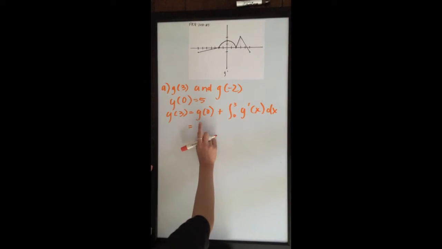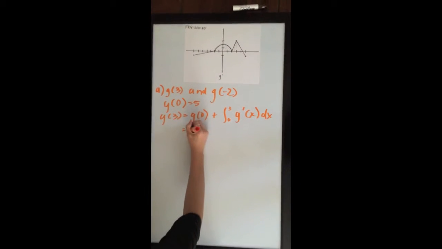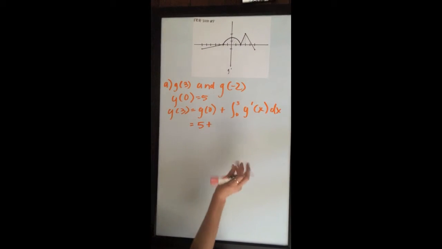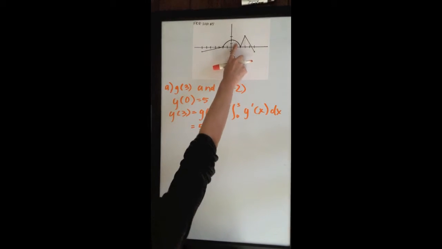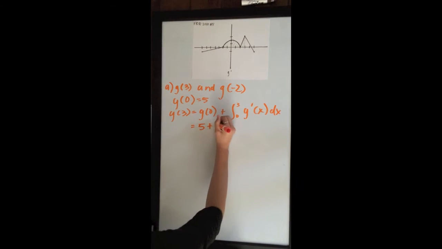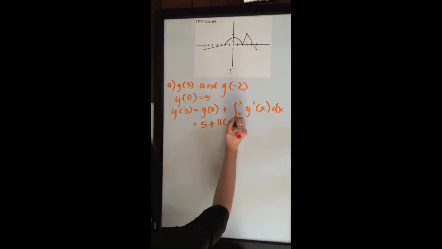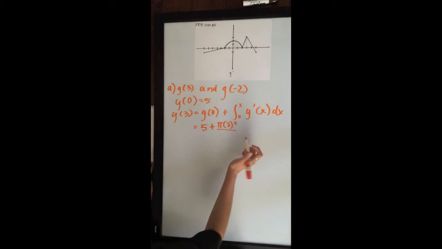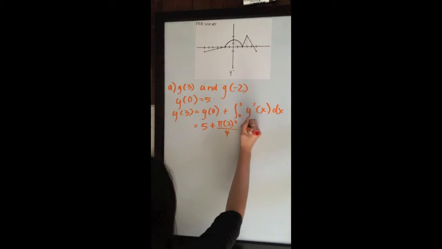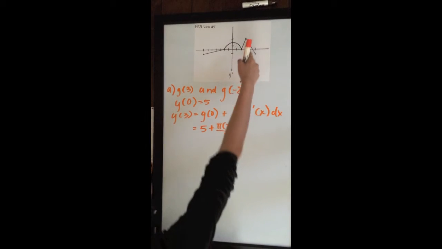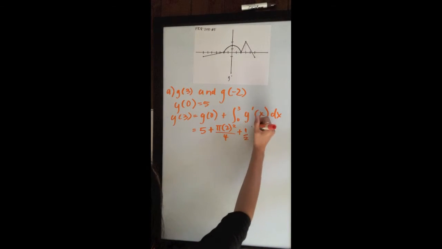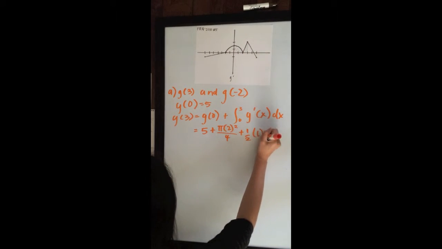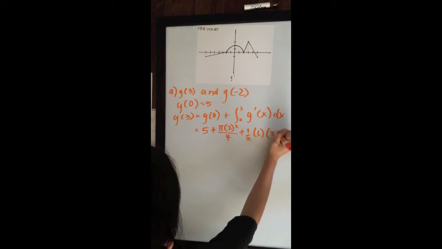So they give you g of 0, which is 5, and then finding the area under this is pi r squared, which is the radius is 2, so 2 squared, and because it's a quarter circle, you would divide it by 4, plus the area of this triangle, which is 1/2 base, which is 1, times the height, 3.